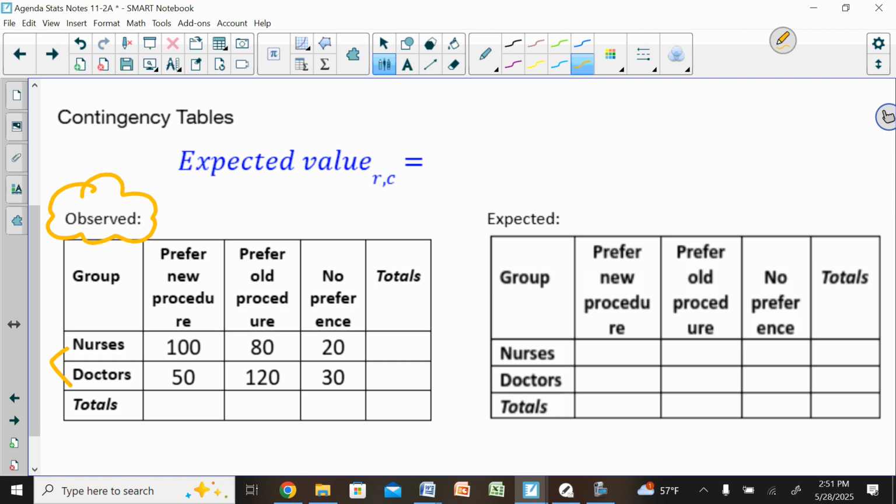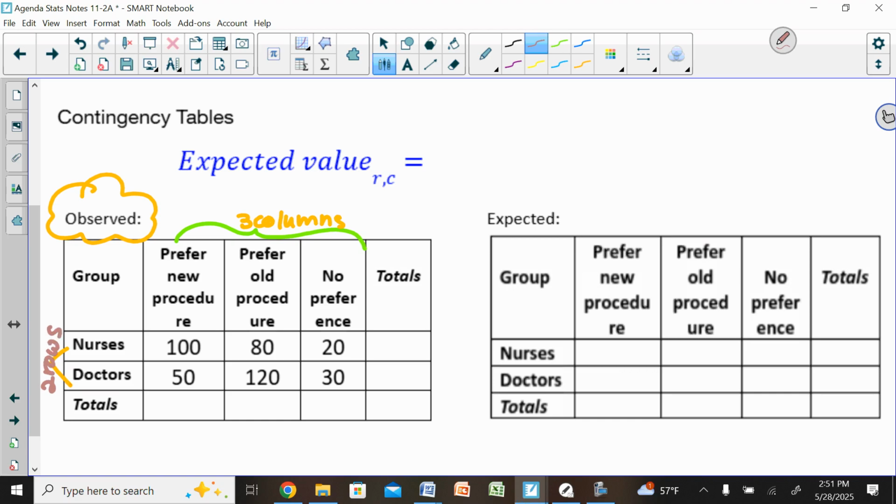And then we're looking at whether that particular person prefers the new procedure, the old procedure, or they have no preference whatsoever. So we've got a table that has 3 columns, and our table has 2 rows.